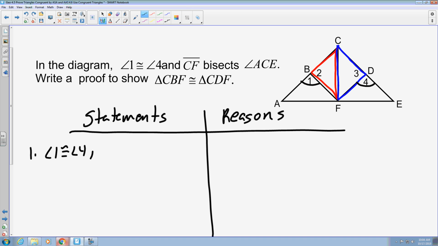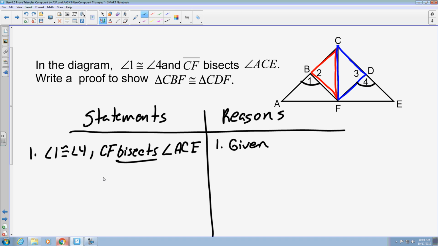And they're telling us that CF bisects angle ACE. That's given. If you remember, when we're talking about something that bisects, that means it splits that angle into two equal parts. So something to keep in mind.